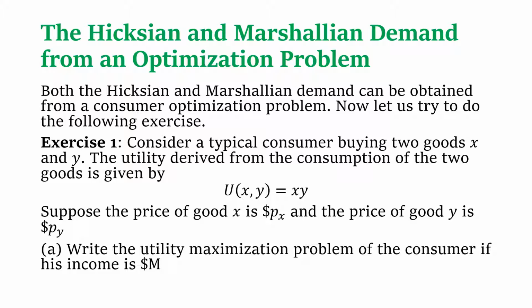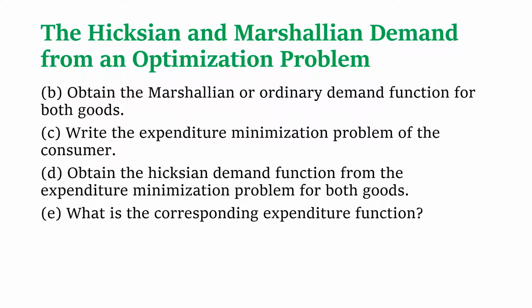So now this question says we should try to write this utility maximization problem. Let's go ahead and try to solve this. Again, it asks us to obtain the Marshallian ordinary demand function. Remember, I told you the Marshallian demand function is just the optimal values of the utility maximization problem.